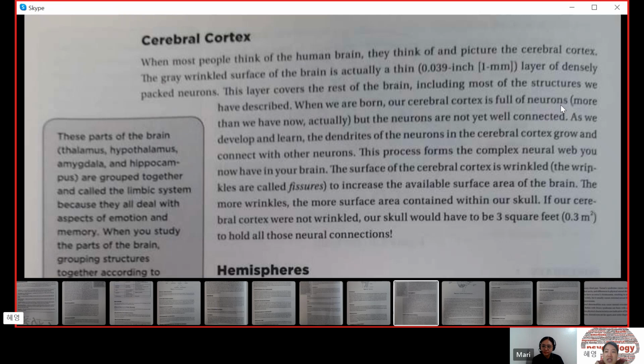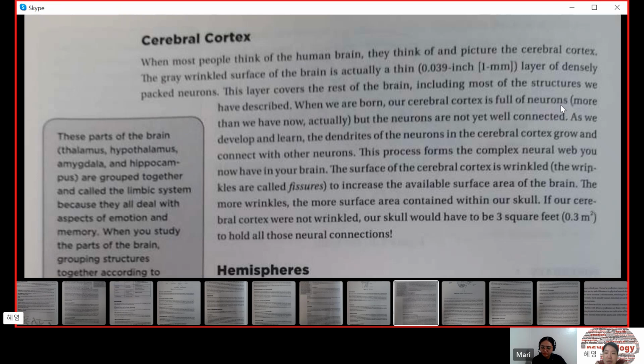As we develop and learn, the dendrites of the neurons in the cerebral cortex grow and connect with other neurons. This process forms the complex neural web you now have in your brain.